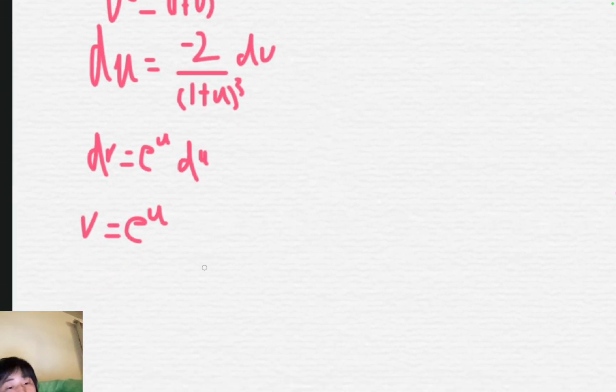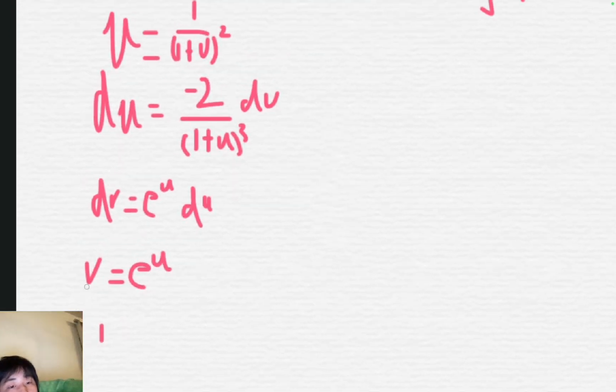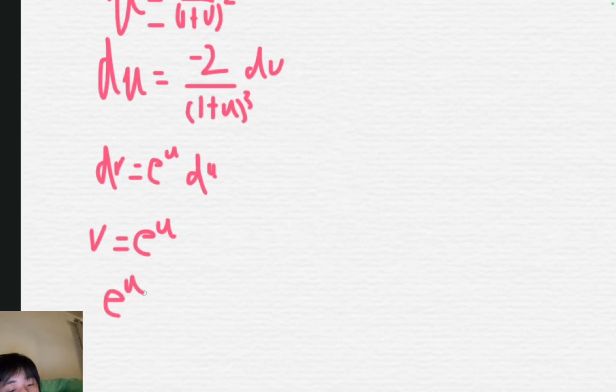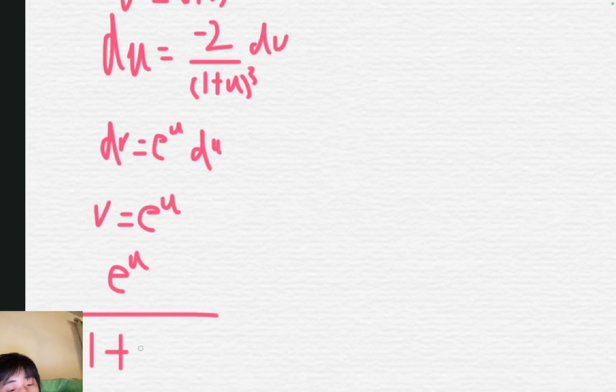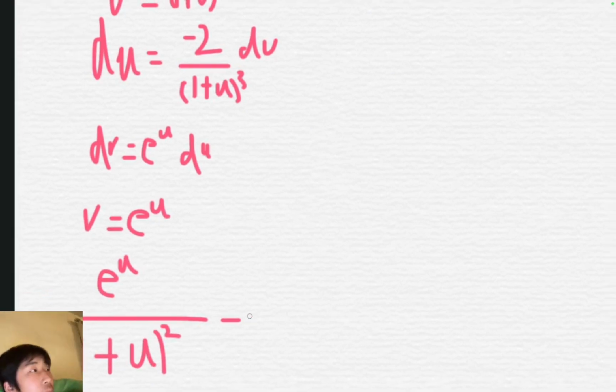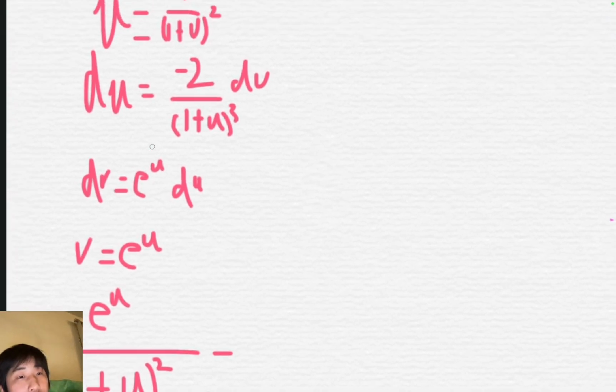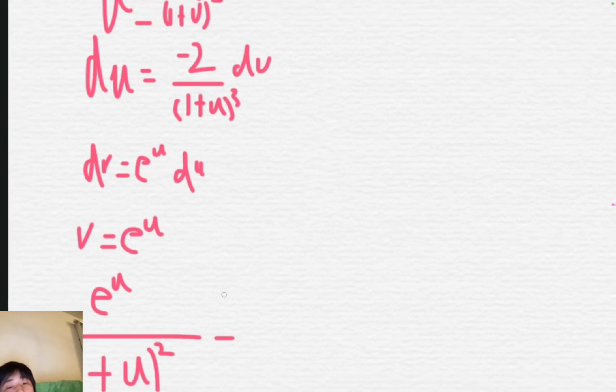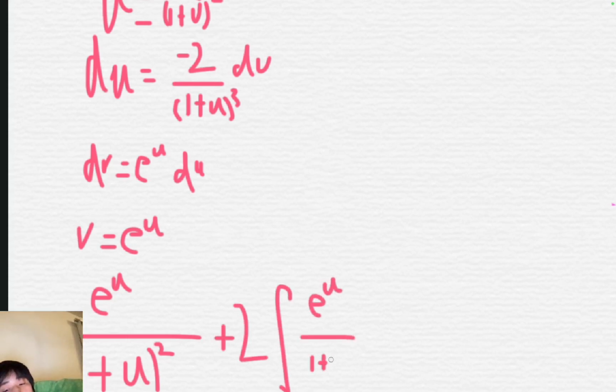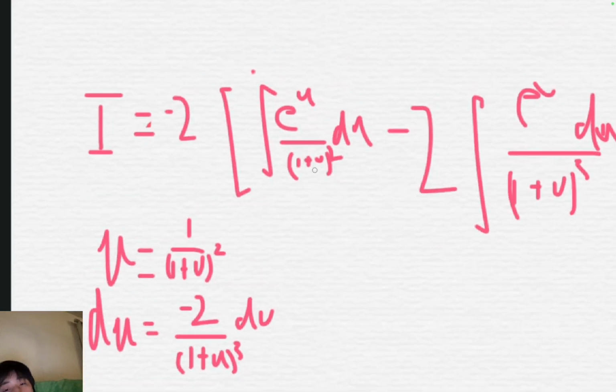And so plug in uv, so it's just e to the u over 1 plus u squared, minus the integral of v du. v is e to the u, du equals negative 2 over 1 plus u cubed, so that negative 2 is going to turn to plus 2 integral e to the u over 1 plus u cubed du, and that's equal to this integral right here.